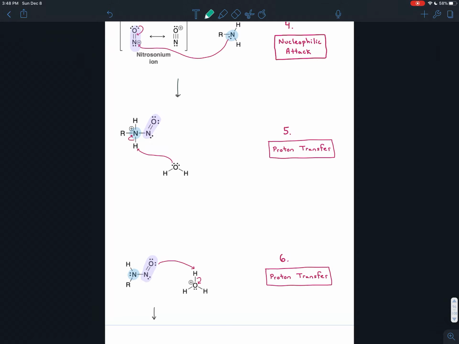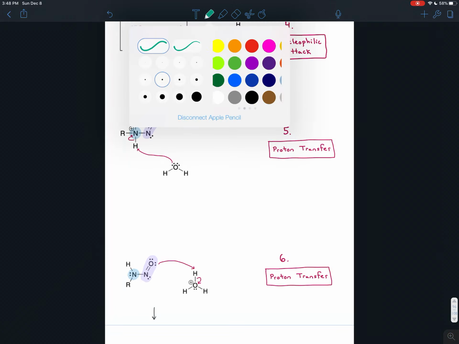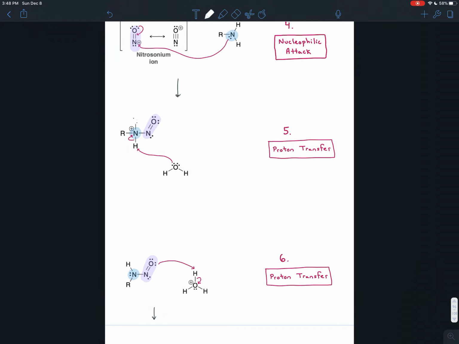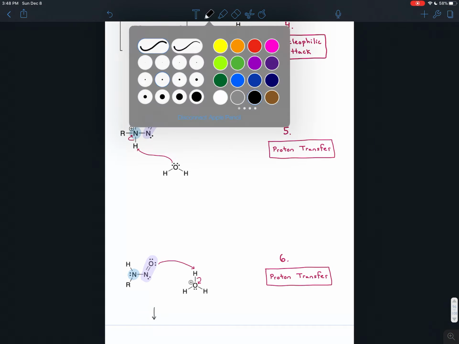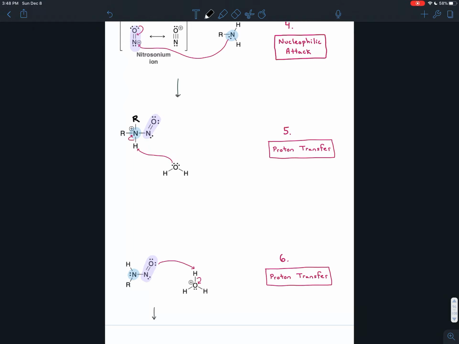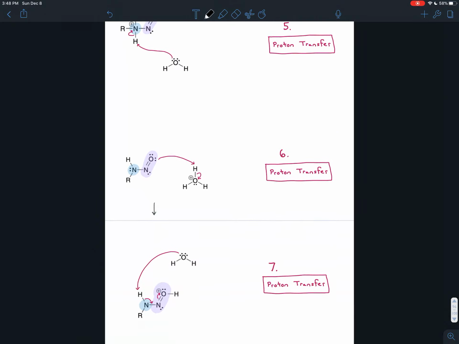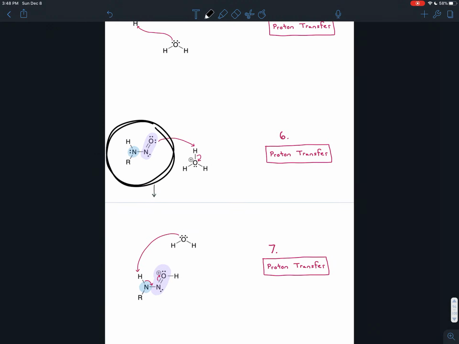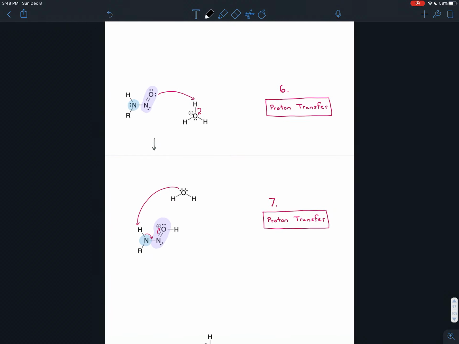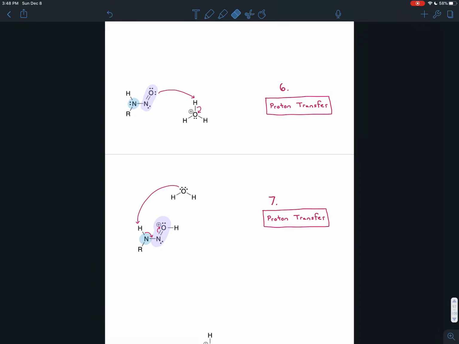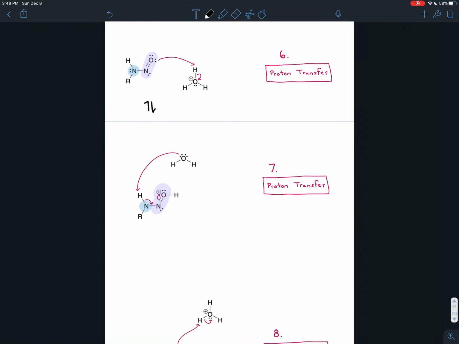Now, if you have a secondary amine, where instead of a hydrogen here you have another carbon chain, you could still steal the 1 hydrogen on that secondary amine. And so you would end up with this product here. But you'll notice that if you try to go further, and this next step is actually an equilibrium, the reaction only proceeds if you can steal a second hydrogen from that amine.